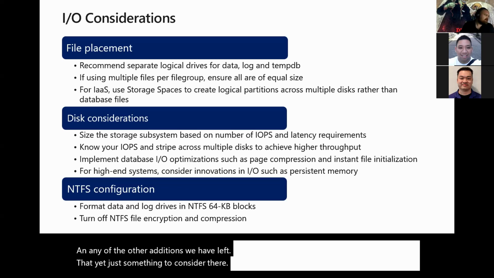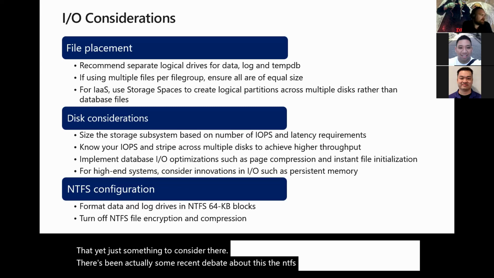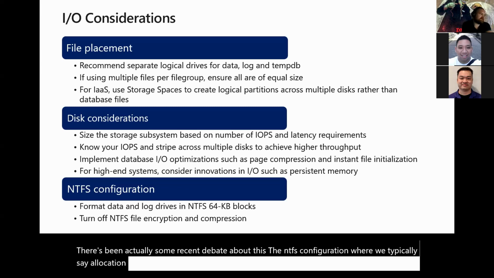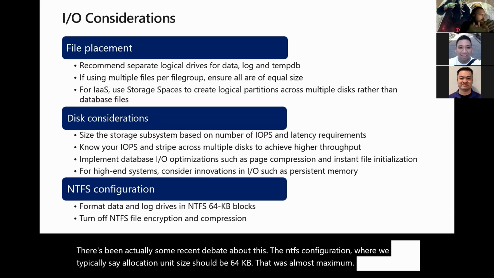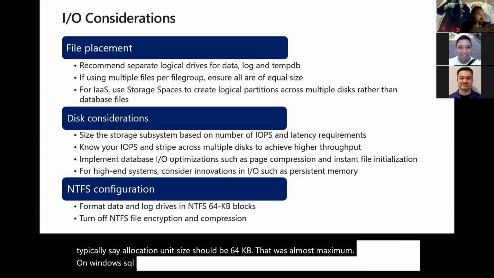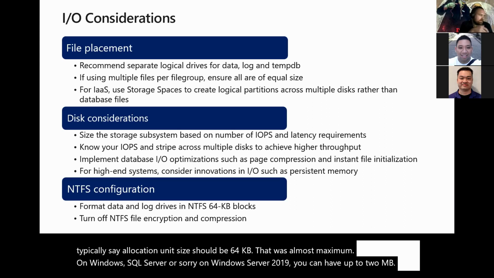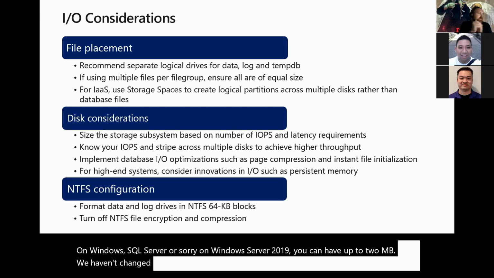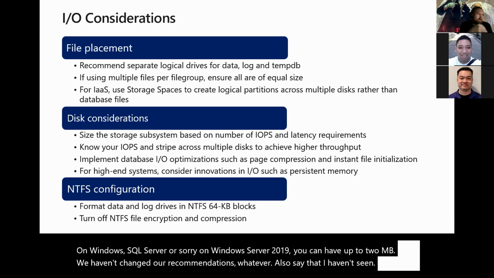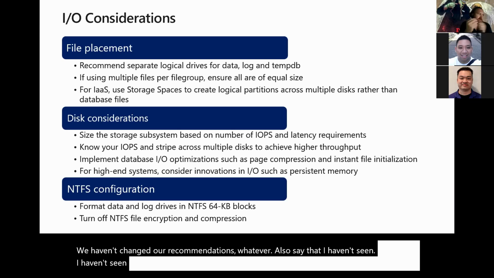There's been actually some recent debate about this, the NTFS configuration, where we typically say allocation unit size should be 64 kilobytes. That was always the maximum. And on Windows Server 2019, you can have up to 2 megabytes. We haven't changed our recommendations, but I will also say that I haven't seen any white papers or anything of that nature where this has made some huge difference.